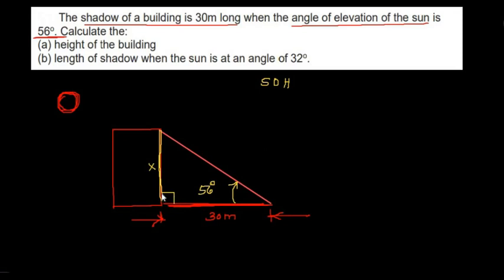Since this is a 90-degree angle between the building and the shadow, opposite to that becomes the hypotenuse, and 56 degree is the angle of concern. So opposite to that is the height of the building, so we make this the opposite, and the remaining side, that is the shadow of the building, becomes the adjacent.